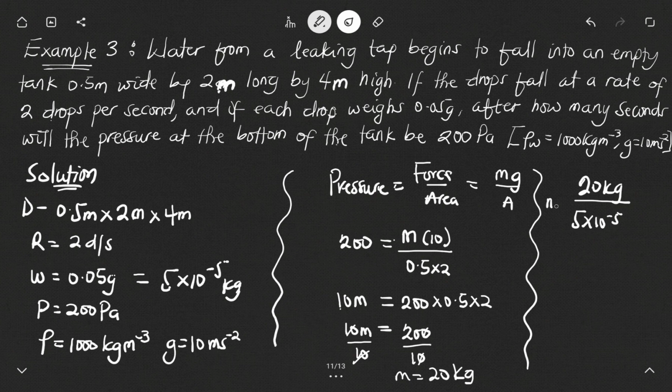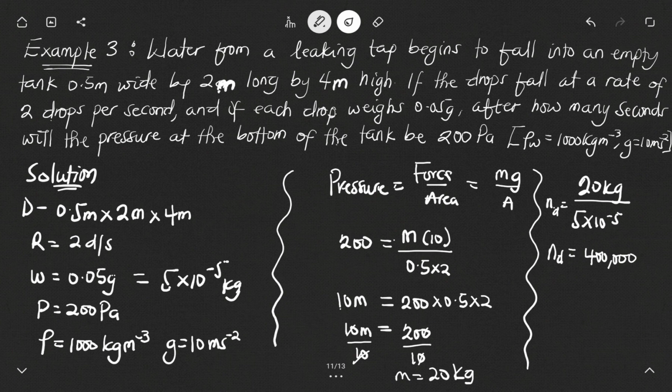So number of drops, ND, is equal to 20 divided by 5 times 10 raised to the power minus 5, which will give me 400,000. So this is 400,000 drops, which will give me this particular weight, which is 20 kilogram, and that 20 kilogram will give me a pressure of 200 Pascal at the bottom.